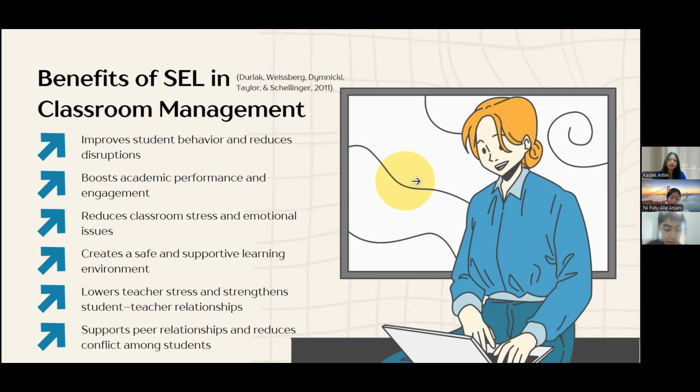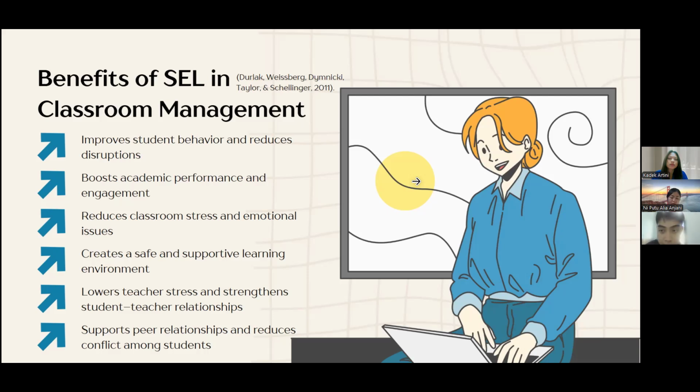And the next is supporting peer relationships and reducing conflict among students. SEL can teach students how to understand others' emotions, listen actively, and solve problems peacefully. This leads to fewer arguments and conflicts, making classroom management smoother and the environment more peaceful.